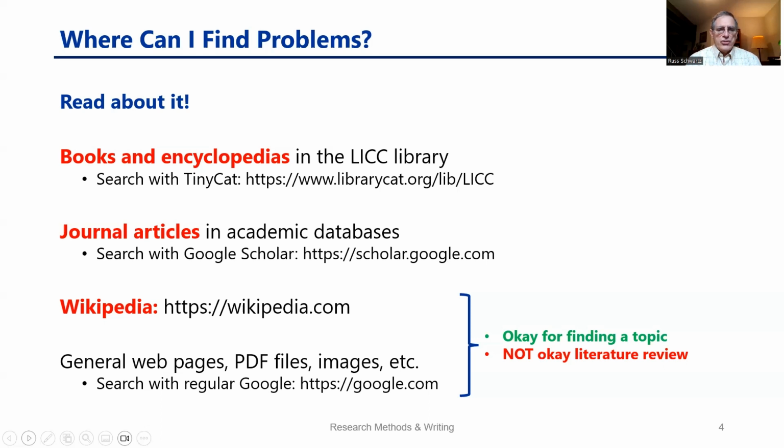Similarly, just general web pages, PDF files, diagrams, things like that we can find using Google. Those are okay just when we're trying to get ideas. We may not be able to actually use that material in our papers, but we can use it to get ideas. Also, you have a thesis advisor. Hopefully by now you know who they are and have met with them.